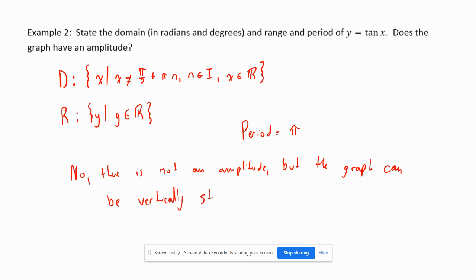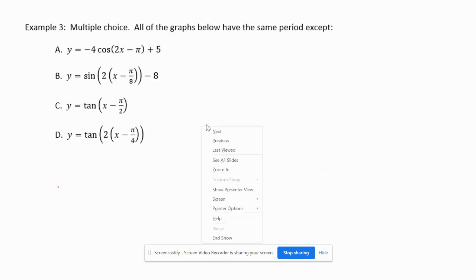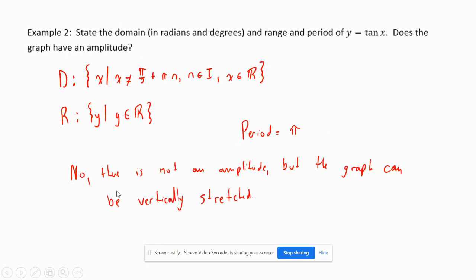So guys, in terms of the curriculum, this is really all you need to know about this topic. You need to be able to identify what the domain and the range are of y equals tan x. You need to know that the period is just going to be pi over here. And you need to understand that there's not an amplitude because there's no max or min value, but you still can stretch it, right?